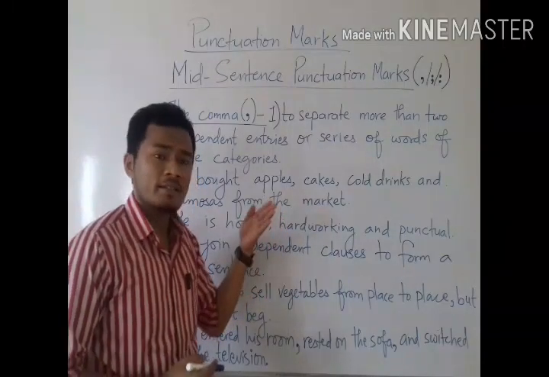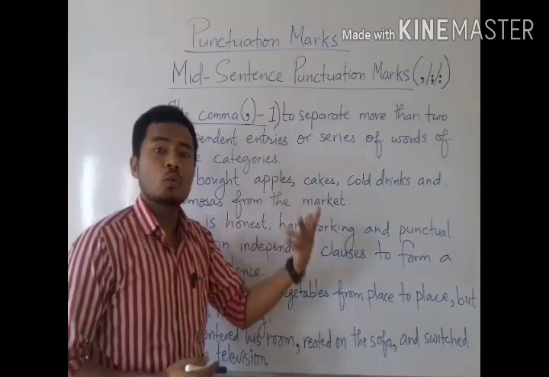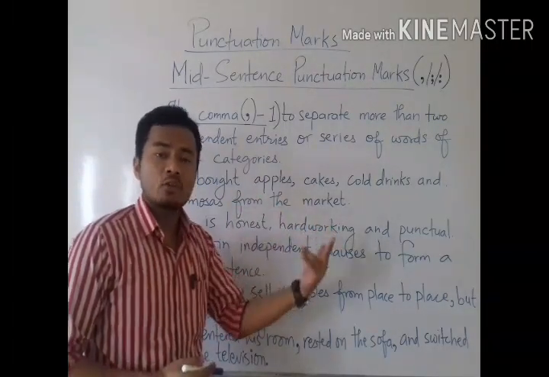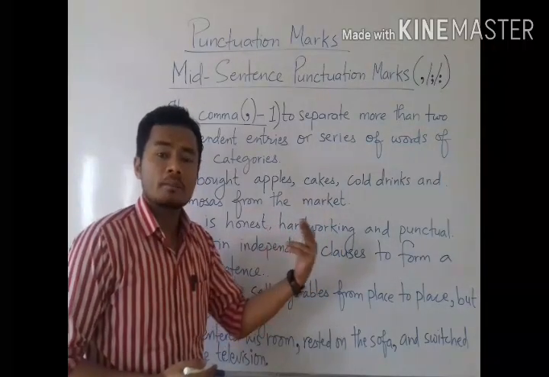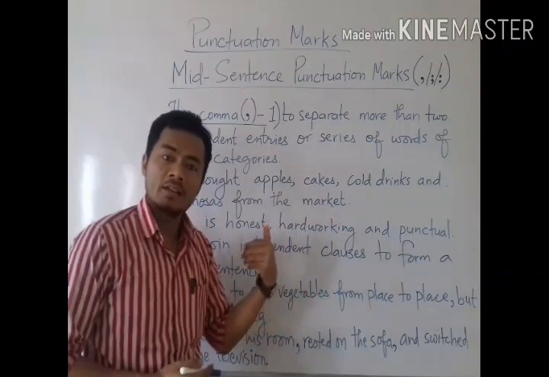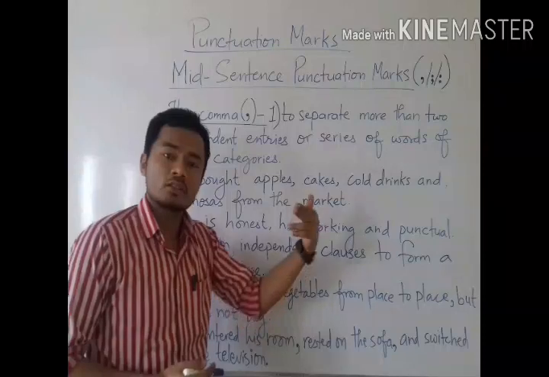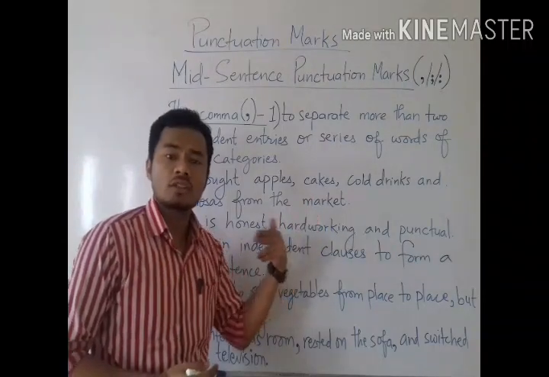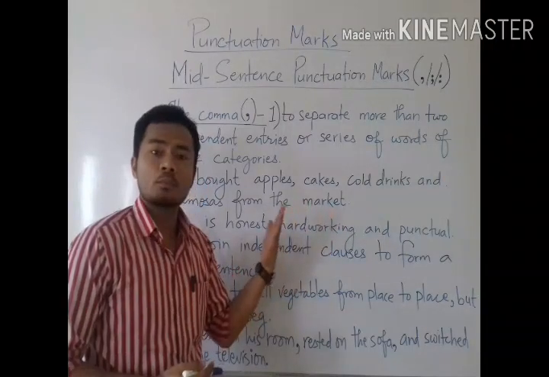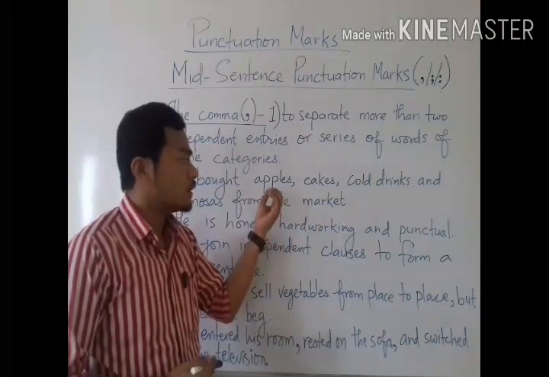So see, a comma is used until two words are left at the end, because the last two words are joined by the conjunction and. Before these two words of the same series, the other words are separated by using commas.